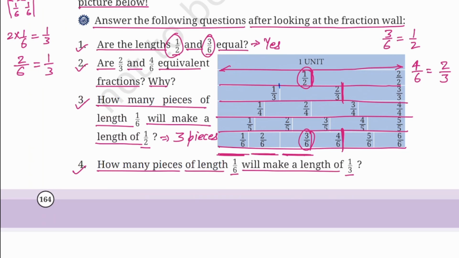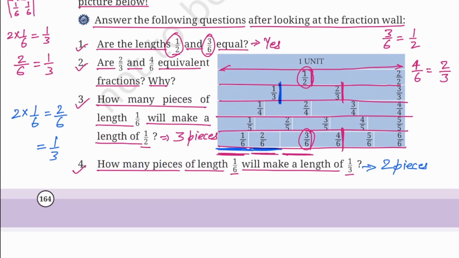You can see 1 upon 3 is here. 1 piece and 2 pieces. Answer is 2 pieces. If you take 2 times 1 upon 6, you will get 2 upon 6. If you divide numerator and denominator by 2, you will get 1 upon 3. So 2 upon 6 is equal to 1 upon 3.